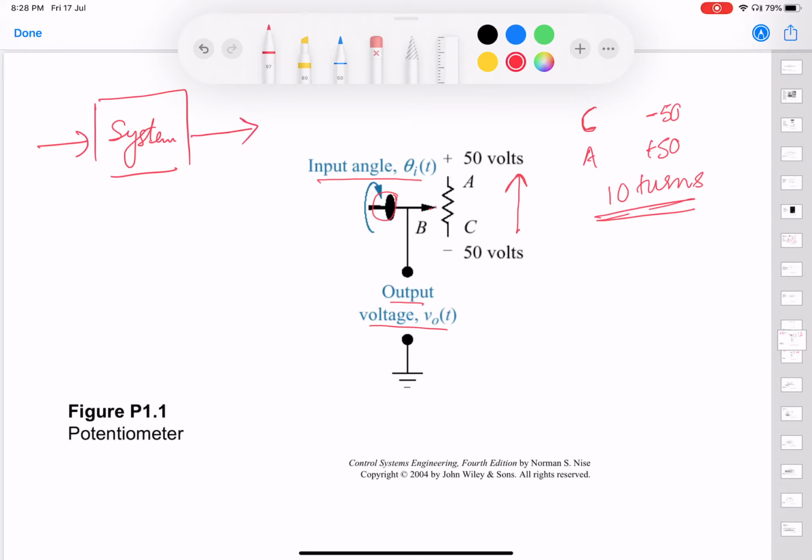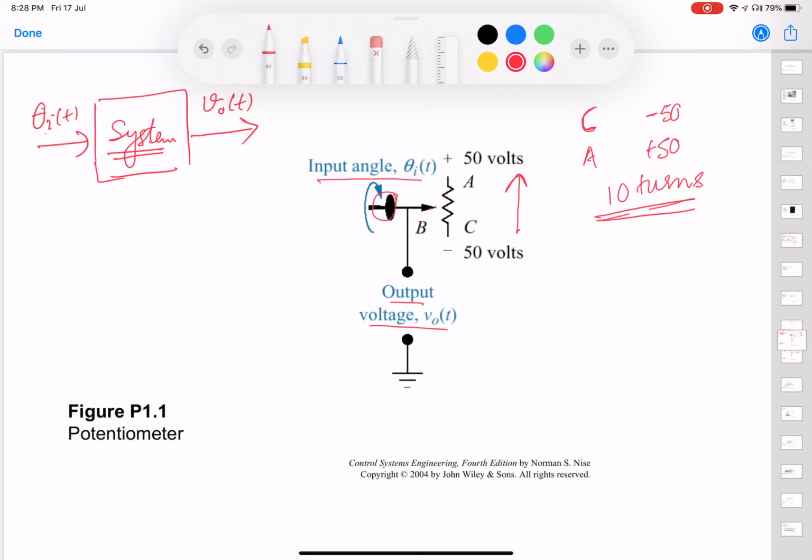The input to the potentiometer is the angle theta_i(t), and the output from the potentiometer is the voltage v_o(t), right? So this potentiometer actually processes this angular information and converts it into voltage information.